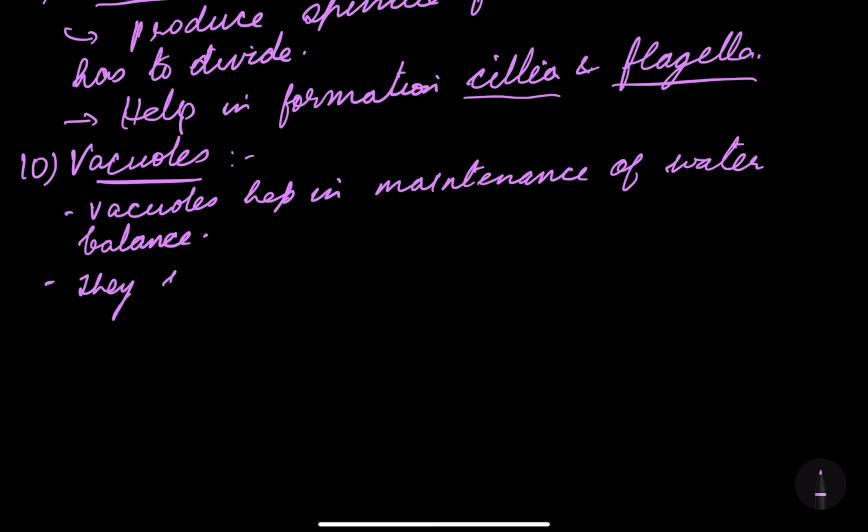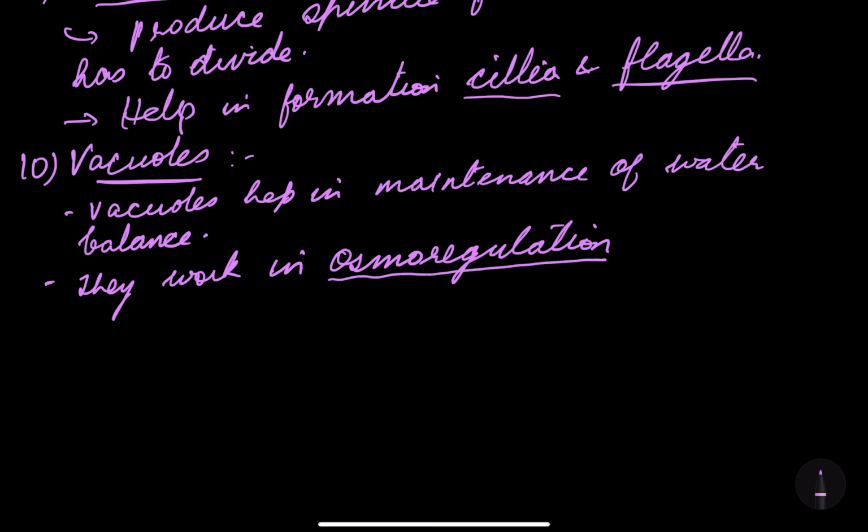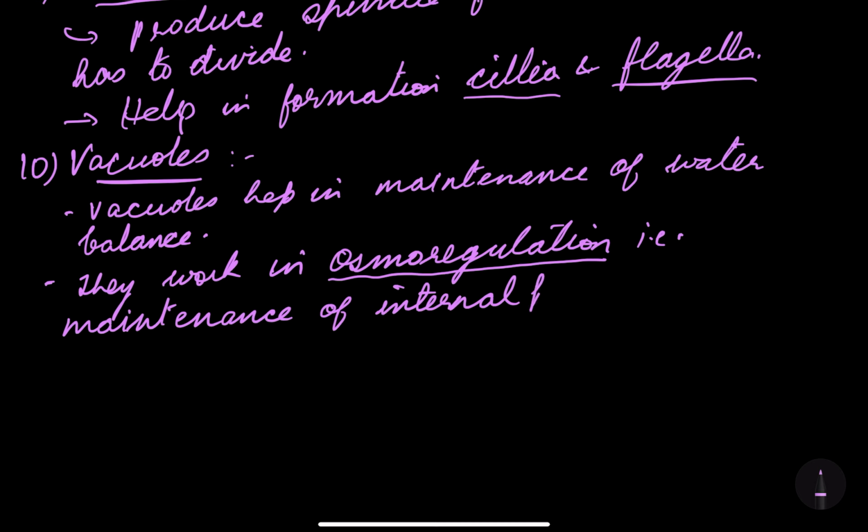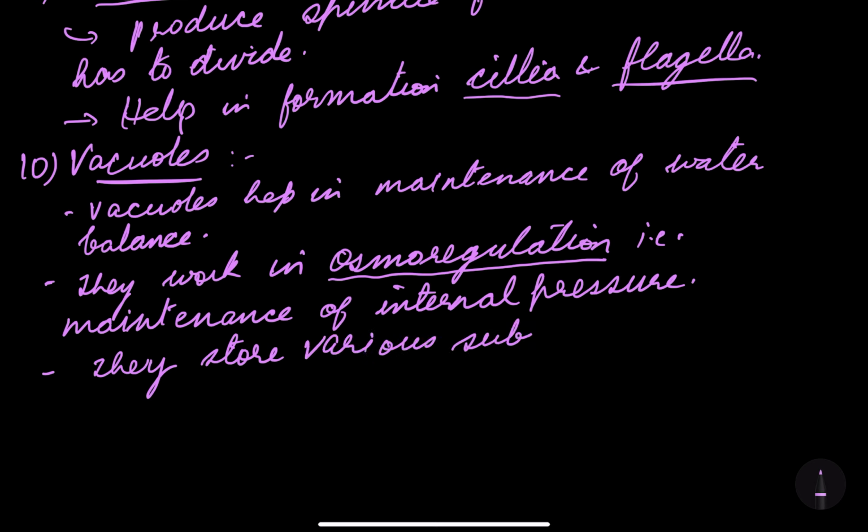They work in osmoregulation. This is one very important function of vacuoles, that is maintenance of internal pressure of the cell. And besides it, they store various substances, or you can say the waste products inside the cell.